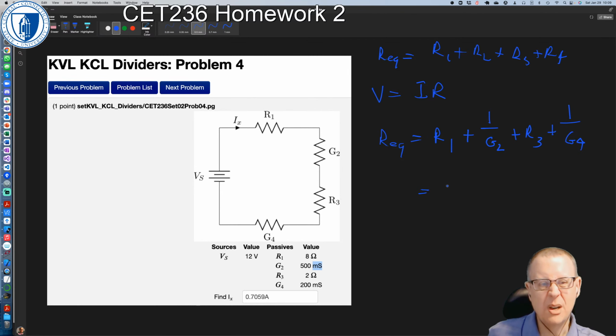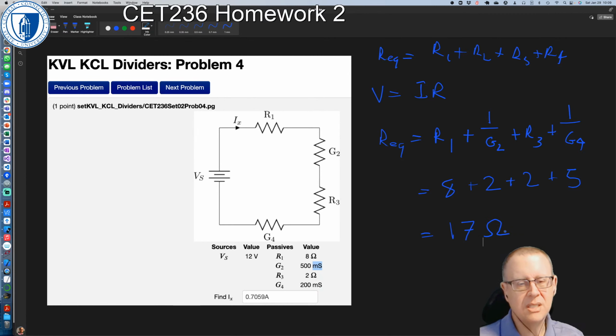Right, so R1 was 8 ohms, 1 on G2 is going to be 2 ohms, R3 is just 2 ohms, and 1 on G4 is just 5 ohms. So our total equivalent resistance is 17 ohms, but that's not what we're after.